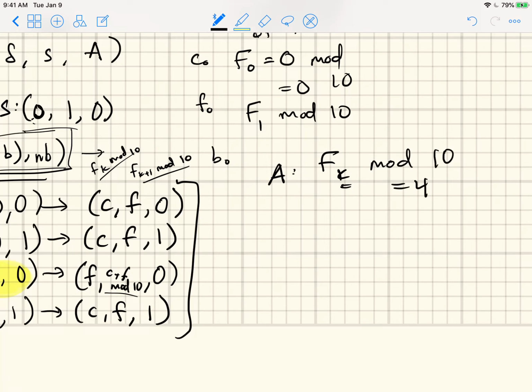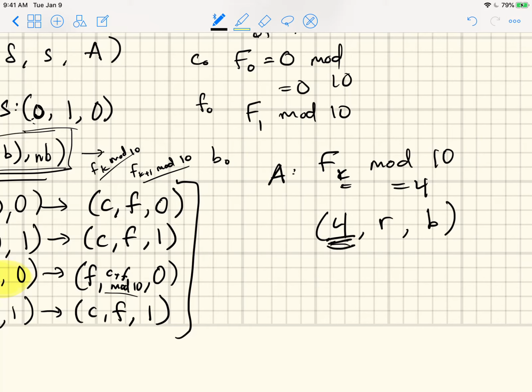And how is that represented in my states? Well, if my state is labeled with a 4 in the current section, I don't really care what the next Fibonacci number is. I just care that currently I'm at a Fibonacci number that's 4 mod 10. And I also don't care what this last bit is.